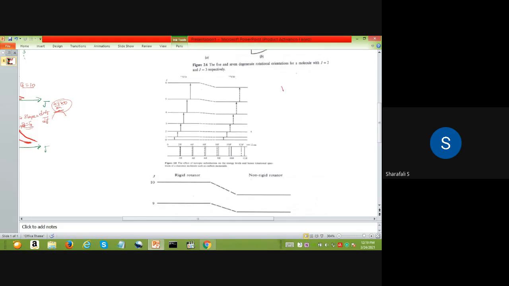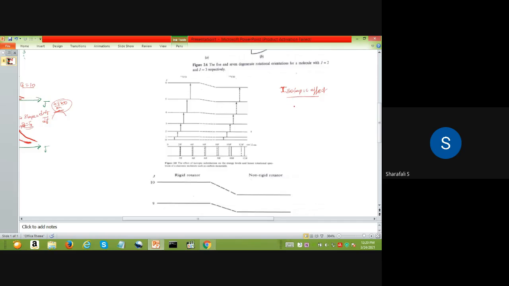The isotopic effect is nothing but, if you replace some atom of the molecule with one of its isotopes, what will be the change?